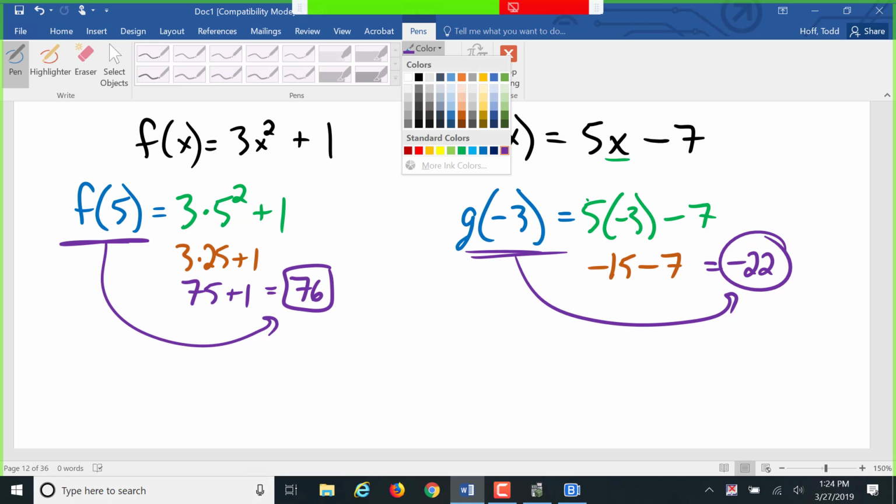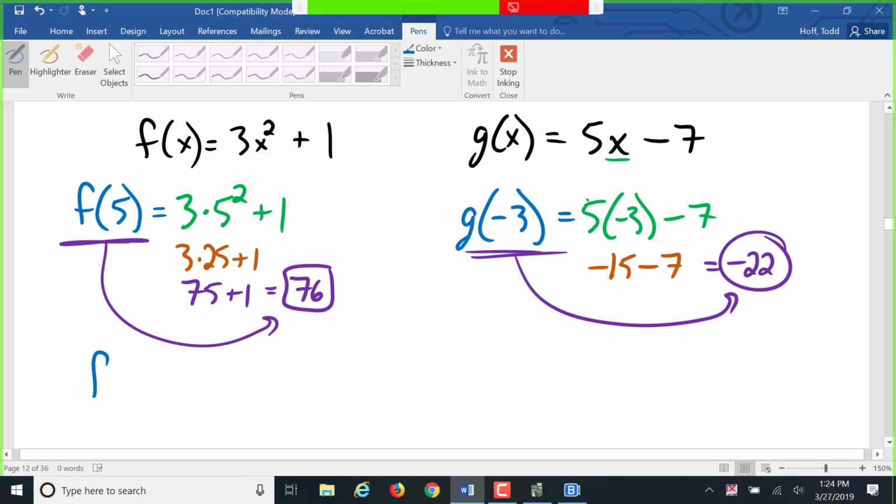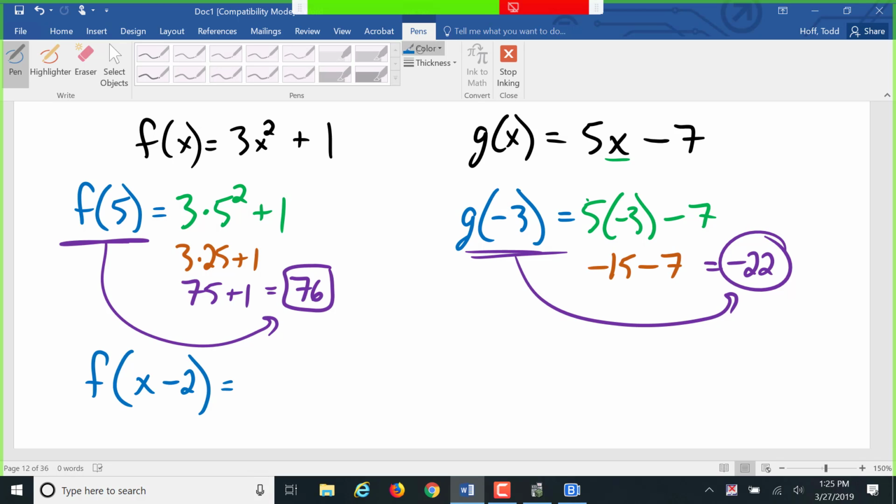Well, what if I step it up a bit and I ask, what is f of x minus 2? Well, I'm going to replace x with x minus 2.